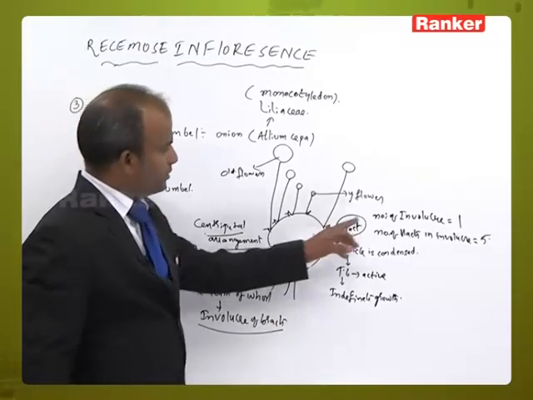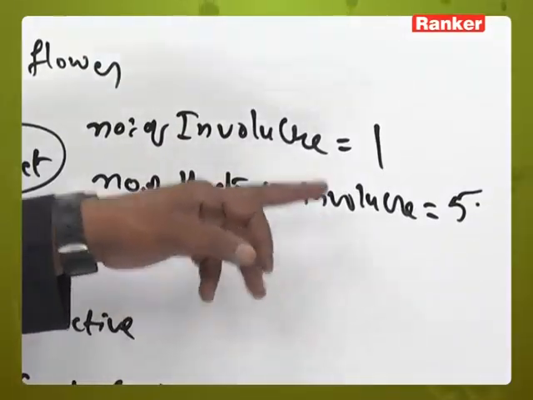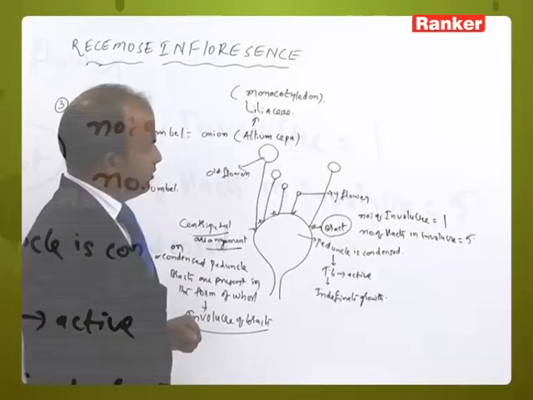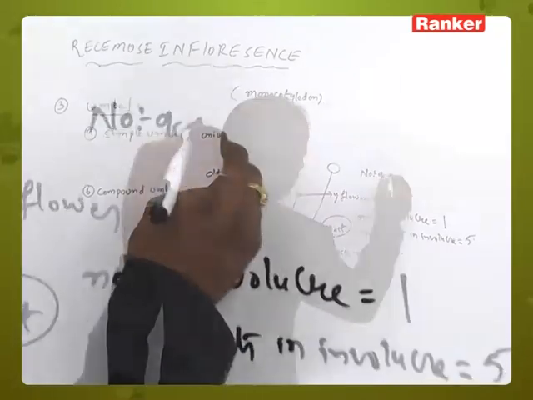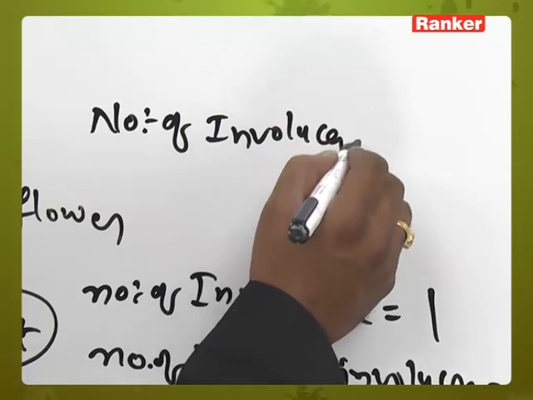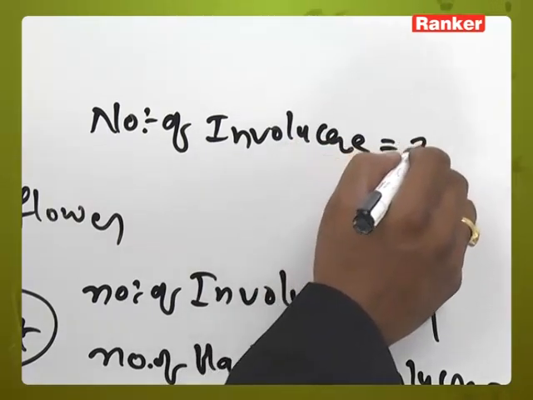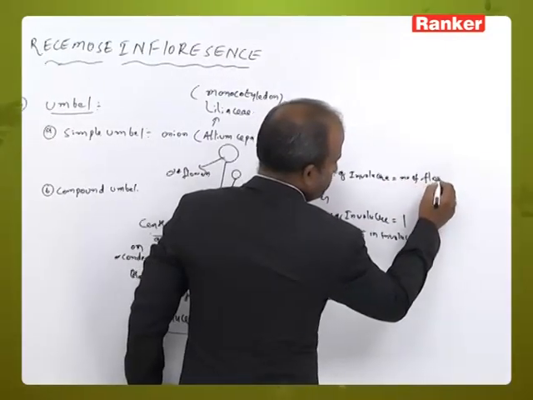That means number of involucre is equal to 1. Number of bracts in involucre is equal to 5. Number of involucre is equal to number of flowers.